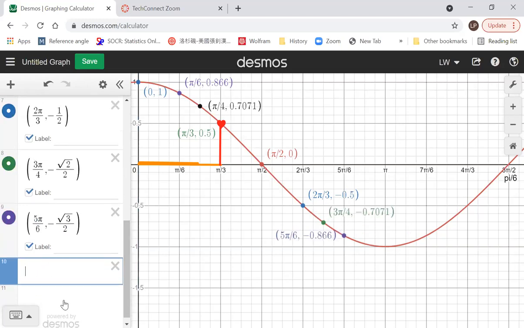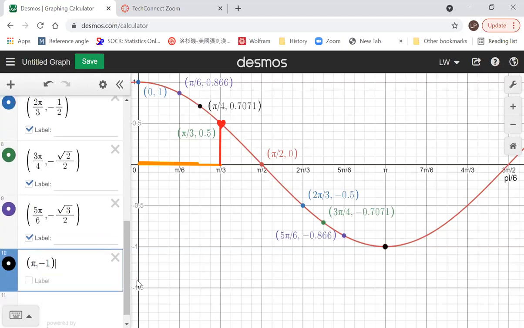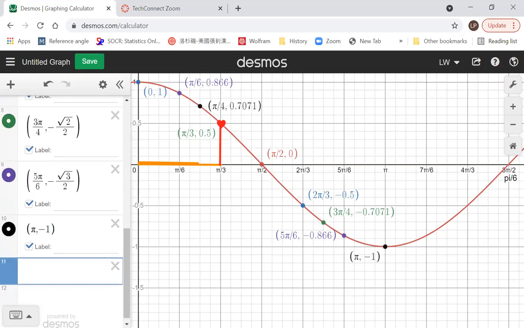Okay, and the last one, of course, is pi negative 1. But for our purposes, this number should be orange, orange, orange.